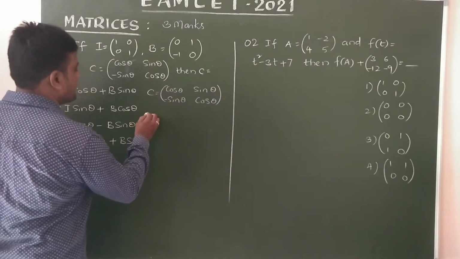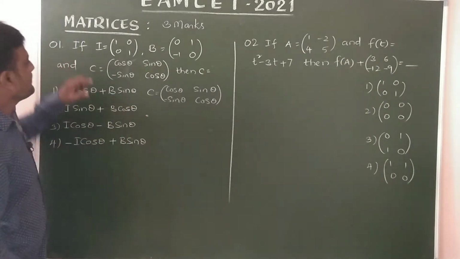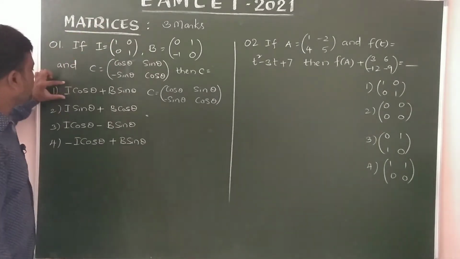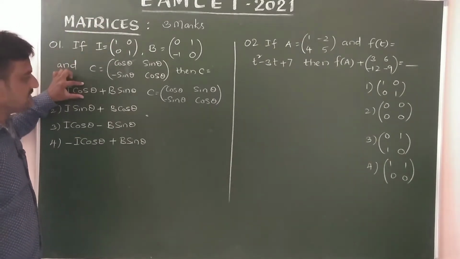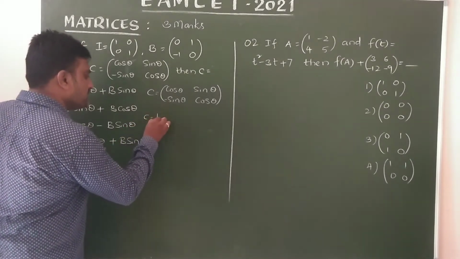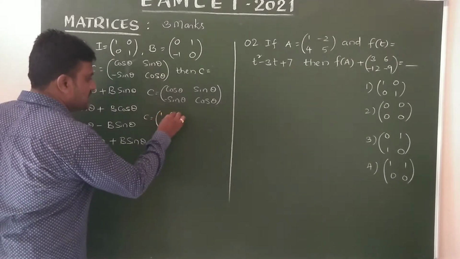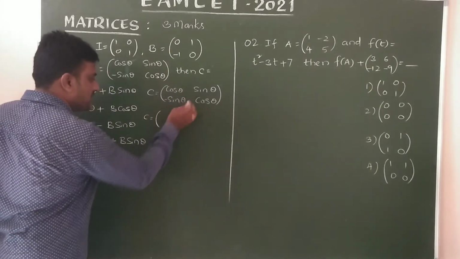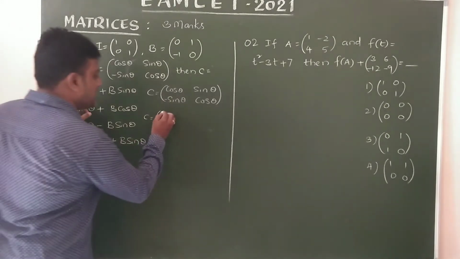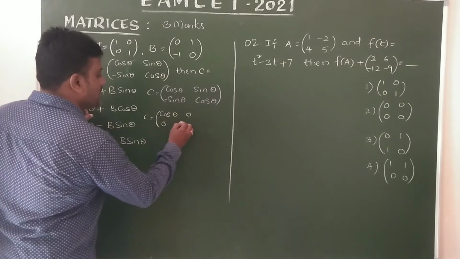See, now shall I write like this? Suppose C equals, how to get [1, 0; 0, 1]? Think how to get it, suppose I cos theta is here. Shall I write like this? C equals [1, 0; 0, 1]. Suppose we need I cos theta, there cos theta 0 and 0 cos theta.